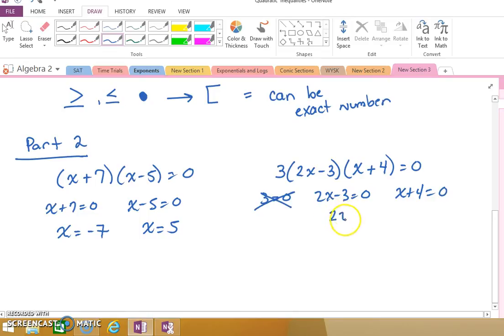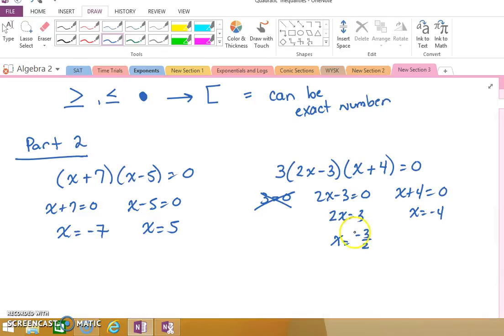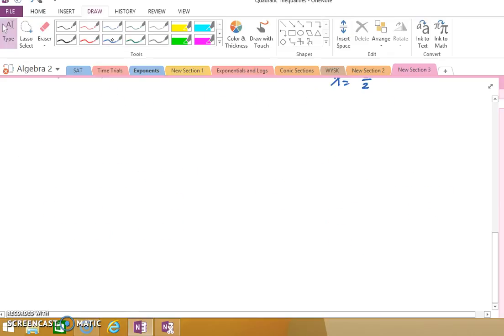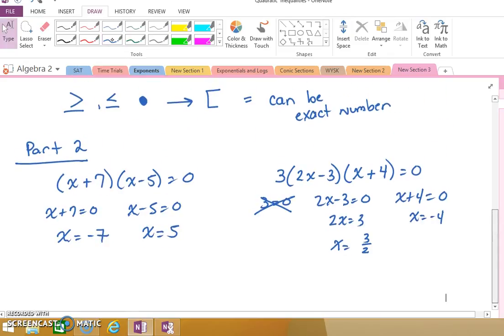Then we got 2x equals 3, x is negative 3 over 2, and x is negative 4. So we know there we got our answers. Actually, that's a positive 3 over 2. I apologize. Positive 3 over 2 there. And we know we got our answers of x is 3 over 2 and x equals negative 4. All right, so we've got our answers there.